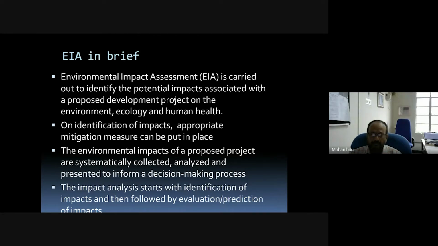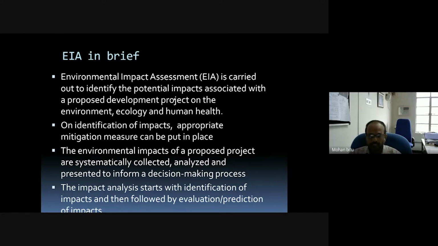Basically, the impact assessment starts with the identification of impacts, followed by the evaluation and prediction of impact. The baseline parameters like air quality, water quality, soil status, and land use pattern, all these environmental attributes, will be studied before the commencement of the project.